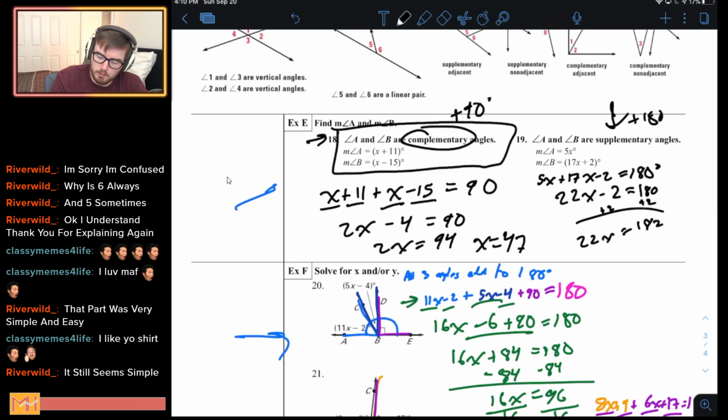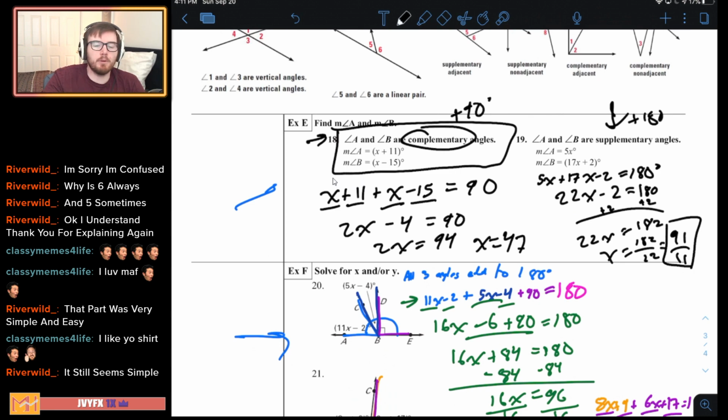Oh, it's a fraction. Whatever. Okay. So I get 182 over 22, which they're both divisible by 2, and I get 91 over 11.